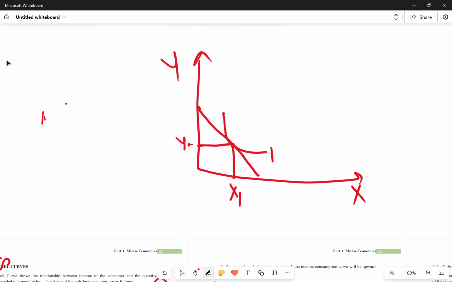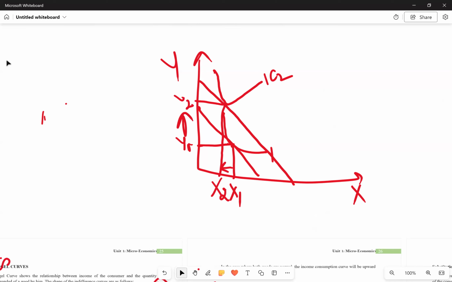Now let's say that income increases, and the new equilibrium comes at this IC2. At this, the good X that is consumed is X2, which has reduced. Good Y that is consumed is Y2, which has increased.